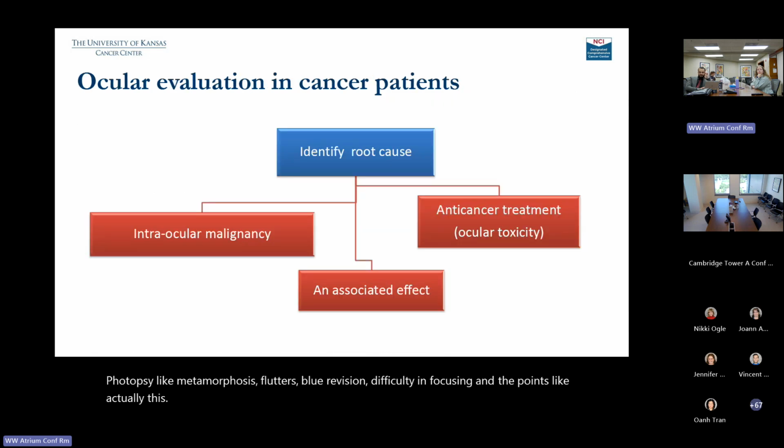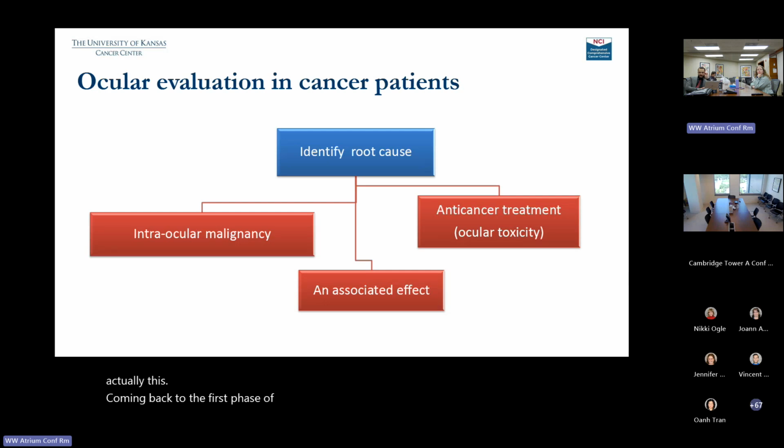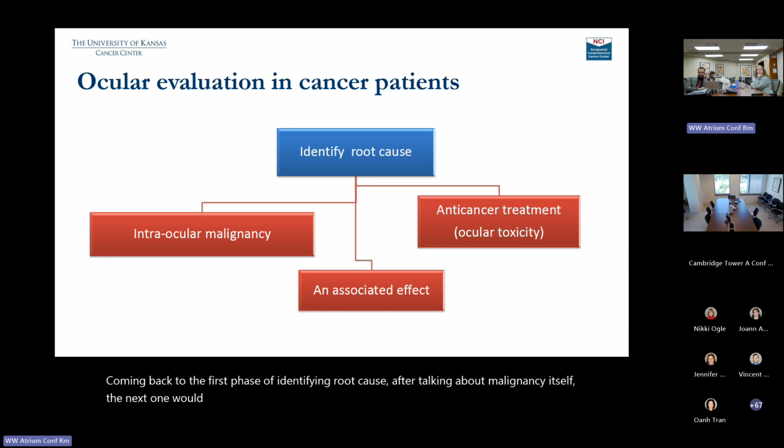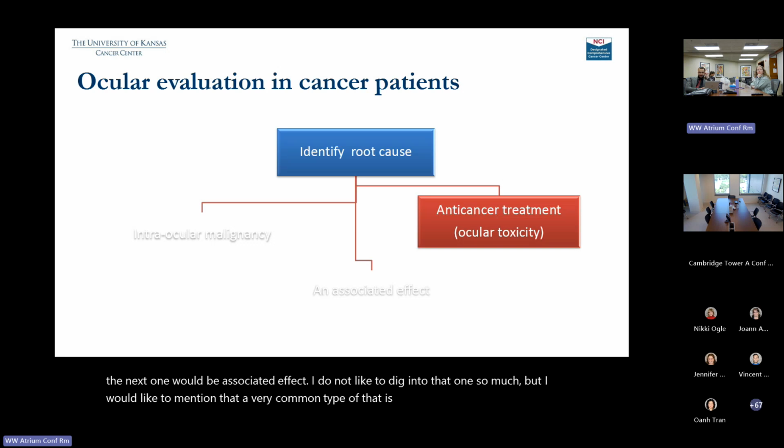Coming back to the first phase of identifying root cause, after talking about malignancy itself, the next one would be associated effect. I do not want to dig into that one so much, but I would like to mention that a very common type of that is paraneoplastic syndrome in the patients. And finally, the root cause which is important for today's presentation, anti-cancer treatment.